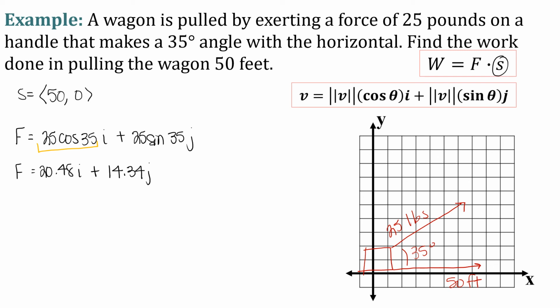Now, if I'm going to find the dot product, work equals F dot S, let's go ahead and write this in the form that we're used to seeing so that it will be easier for us to find the dot product.